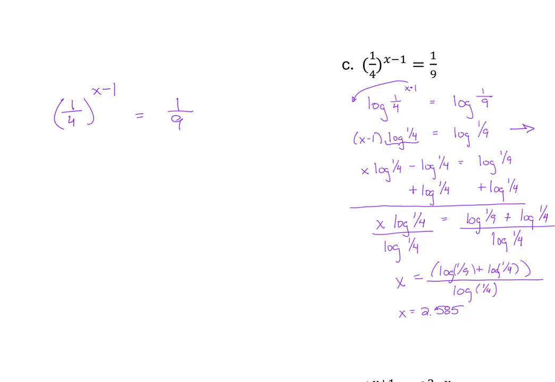Remember that we can always change a unit fraction into a whole number by making the exponent negative. So for instance, 1/4 is 4 to the negative 1, and we can go ahead and distribute that. Same thing with the 1/9. We can write this as 9 to the negative 1.